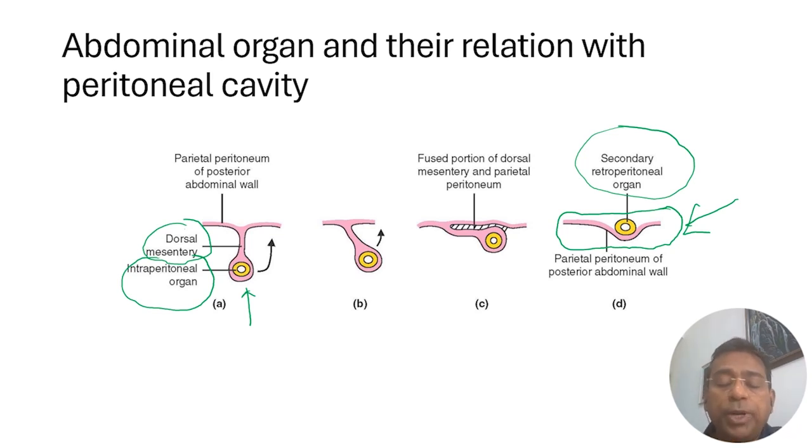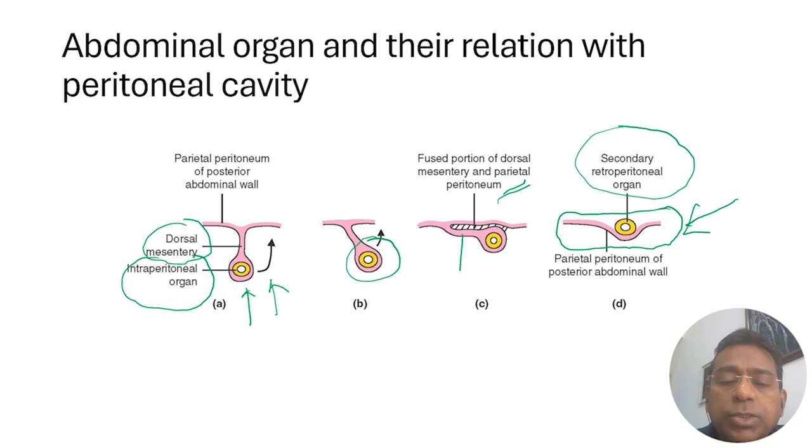Now there are secondary retroperitoneal organs. Now what are these organs? These organs are initially intraperitoneal, just like what you see here in figure A. Later, the mesentery of these organs will fuse with the parietal peritoneum of the posterior abdominal wall.